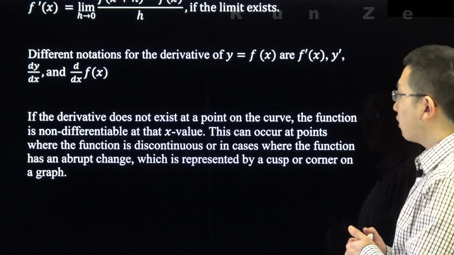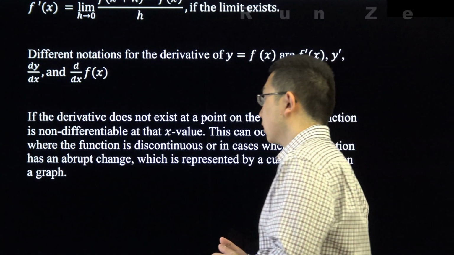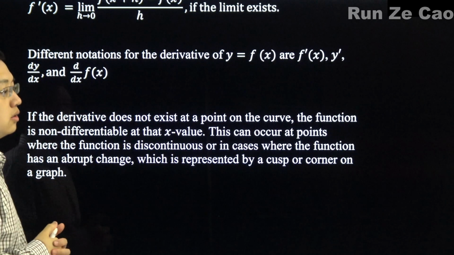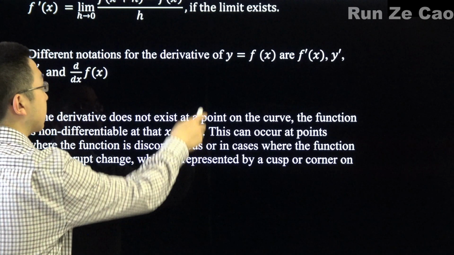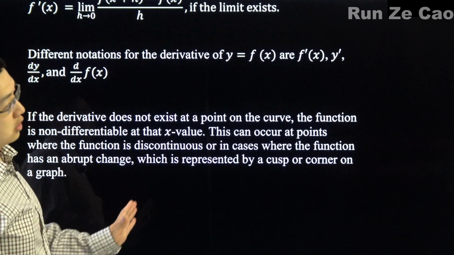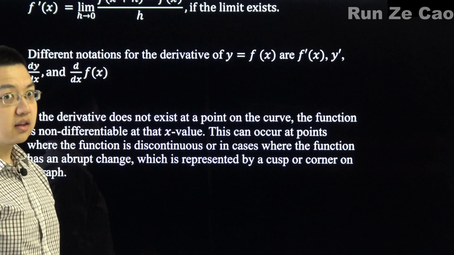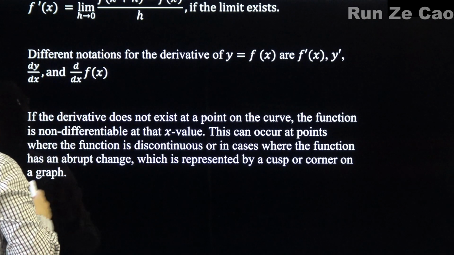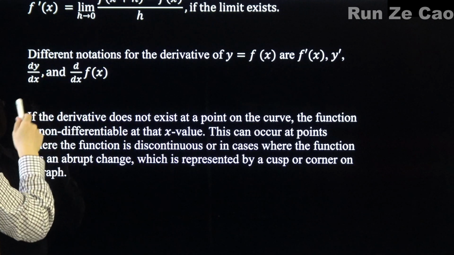Different notations for the derivative may include the following: f prime of x, y prime, presuming that you wrote that y equals f of x. If you just say that the vertical axis is labeled as f of x, then you don't use this. You use f prime of x. It can be dy over dx.